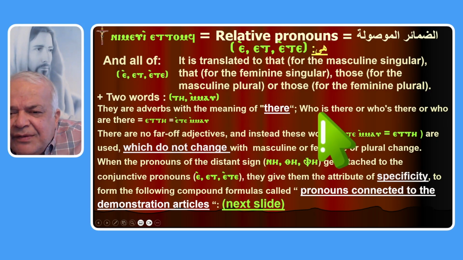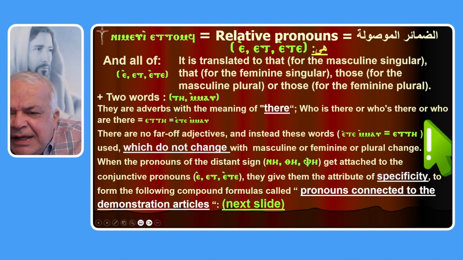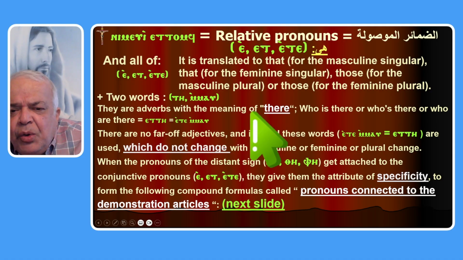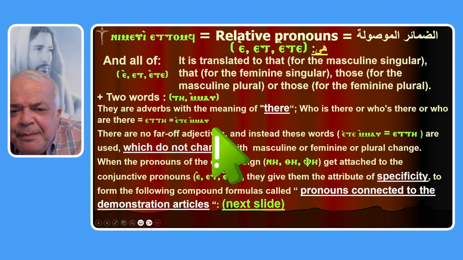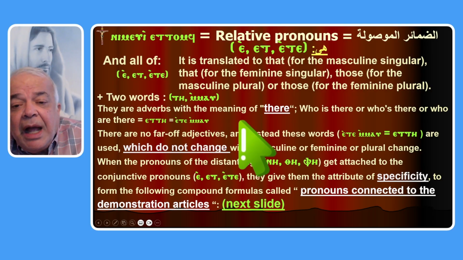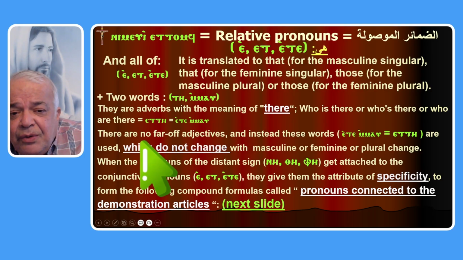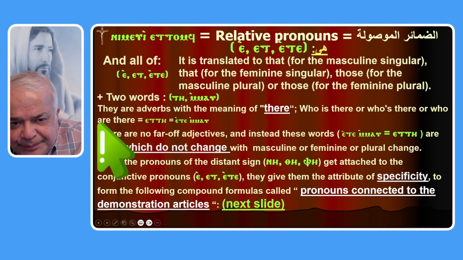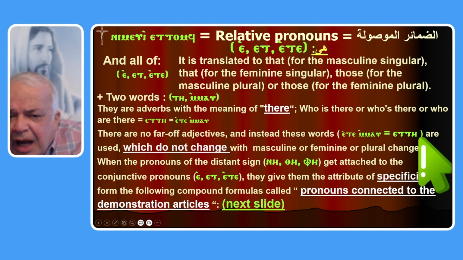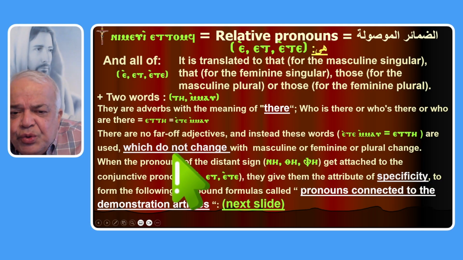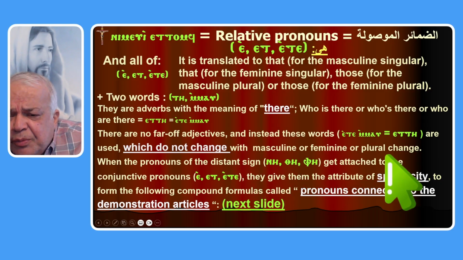Who is there, or who are there, all are expressed with these words, et, t, or ete, emmav, etc. And here there are no far off adjectives.